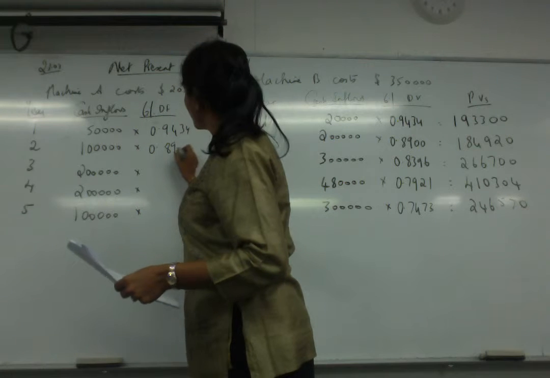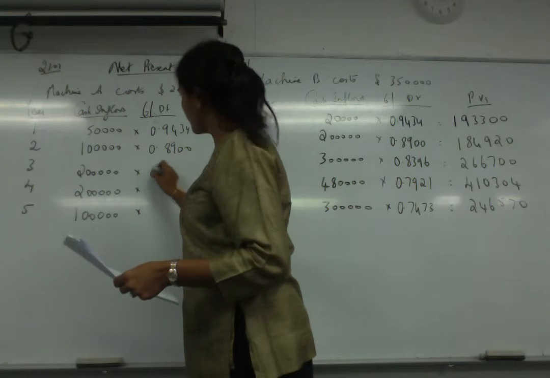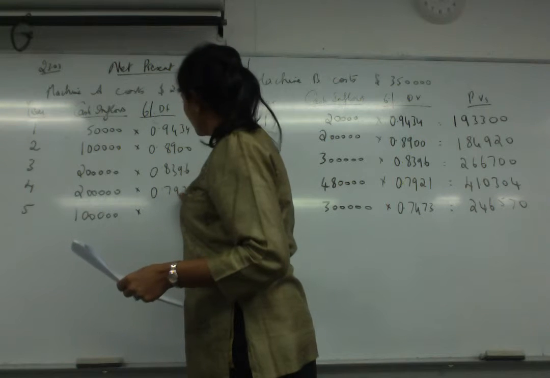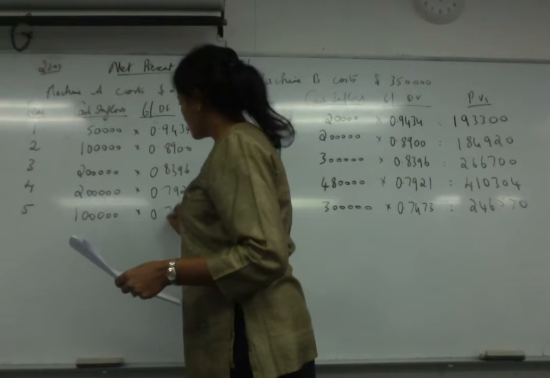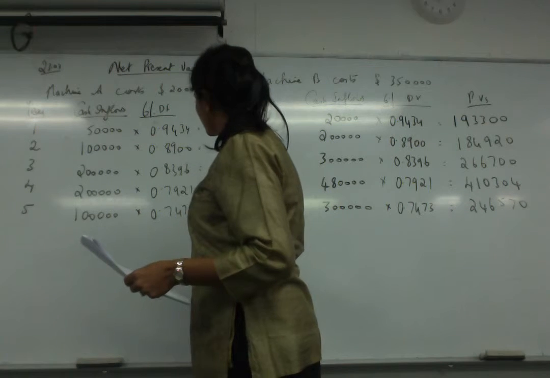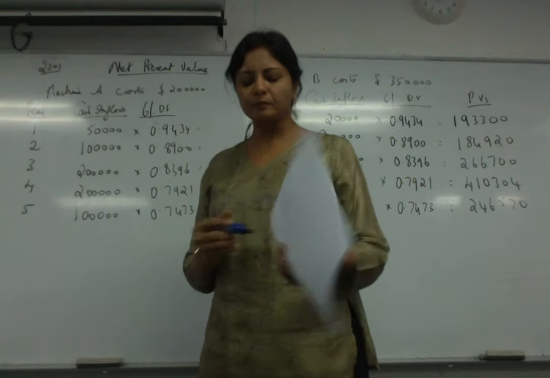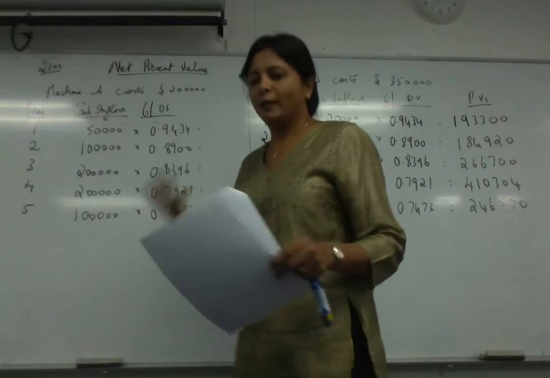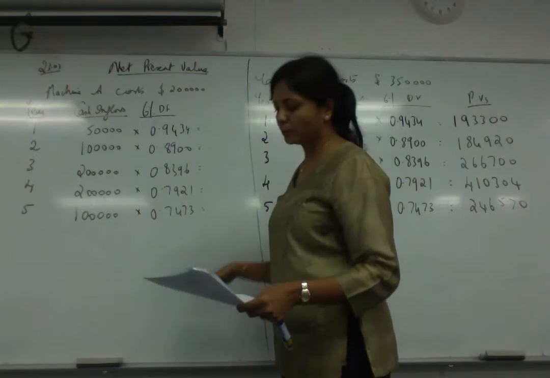Okay, that's all I'm going to do. That's all you have to do. It's very easy. Okay, so you just have to copy down the 4 digits. Do not round this off, because we need to keep it 4 digits like that. If you round off, then your answers will be very different and it will be wrong and you might lose marks. So keep it to 4 decimal places.